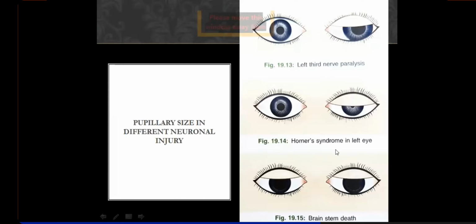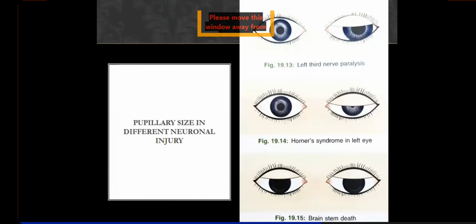Horner syndrome, remember Horner syndrome में what was happening, it was the sympathetic loss in the orbits, the muscles there, the smooth muscles there, all innervated by sympathetic innervation will be paralyzed, right? That includes orbitalis muscle, because of that there will be enophthalmos.